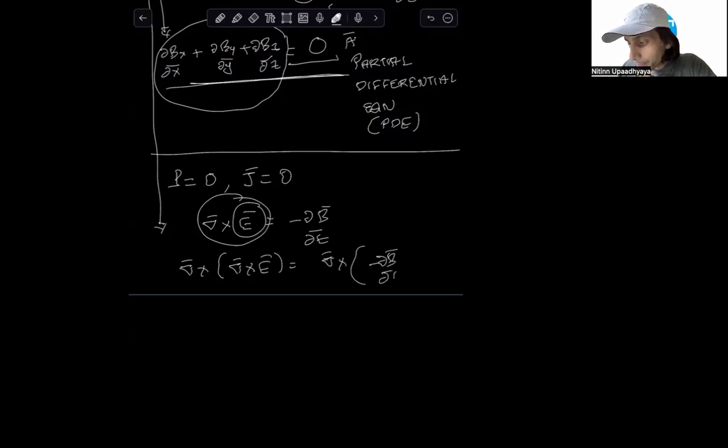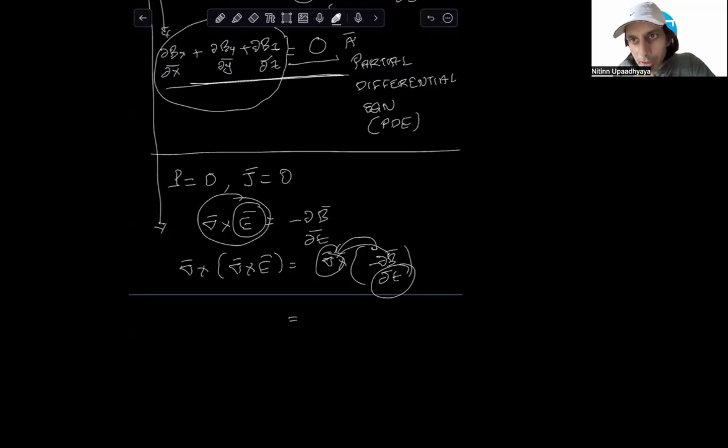Now del is composed of partial derivatives with respect to space, and ∂/∂t is a partial derivative with respect to time. It's perfectly all right for us to interchange the order of these operations, and then I can actually push this del operator inside the partial derivative. One way of justifying this to yourself is that both the derivatives are linear operations.